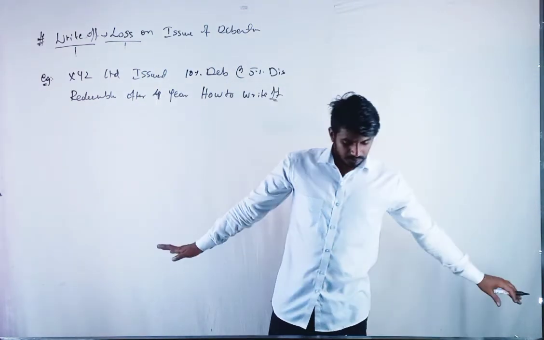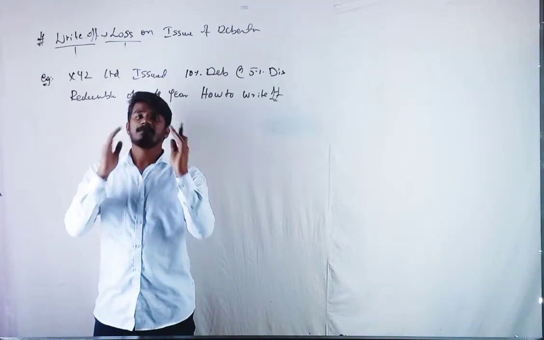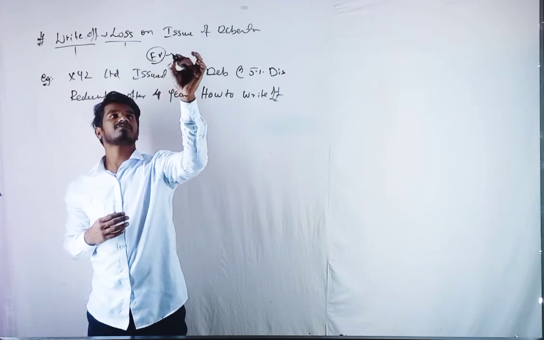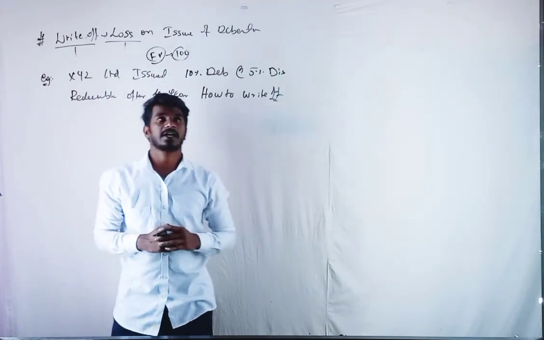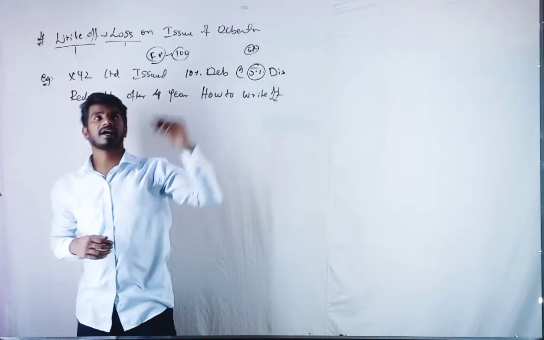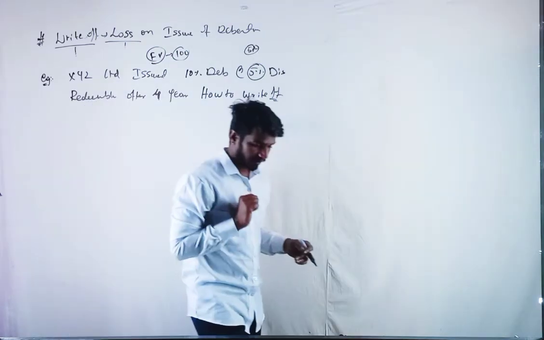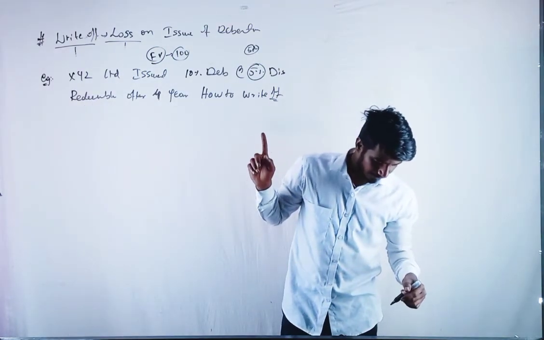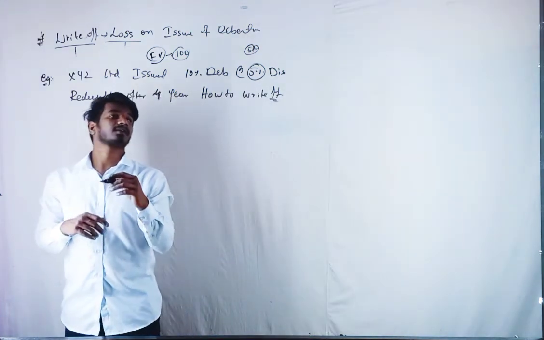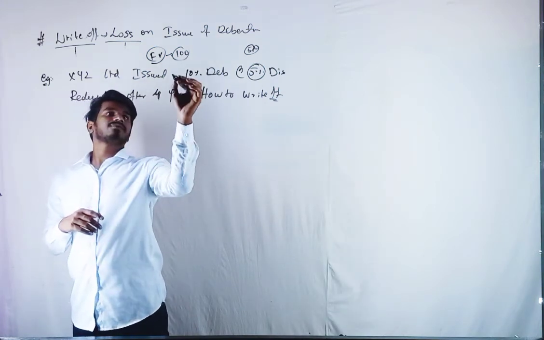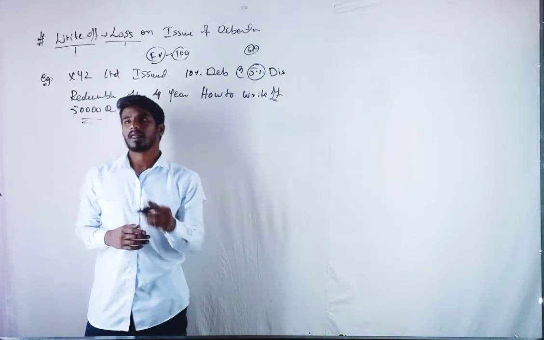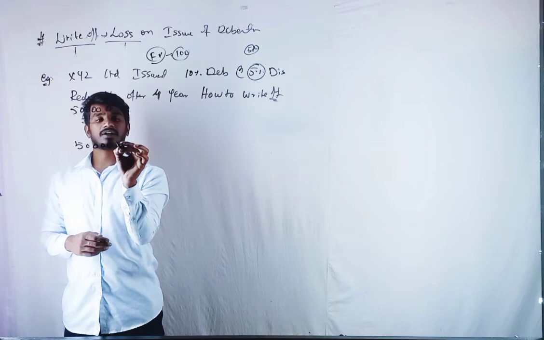Okay. If nothing is mentioned in the question about face value, we will always assume face value of rupees 100, right? 5% discount means 5 rupees discount, right? 95 we may have issued. 50,000 debentures issued, let me write here only. 50,000 debentures into loss of 5 rupees.